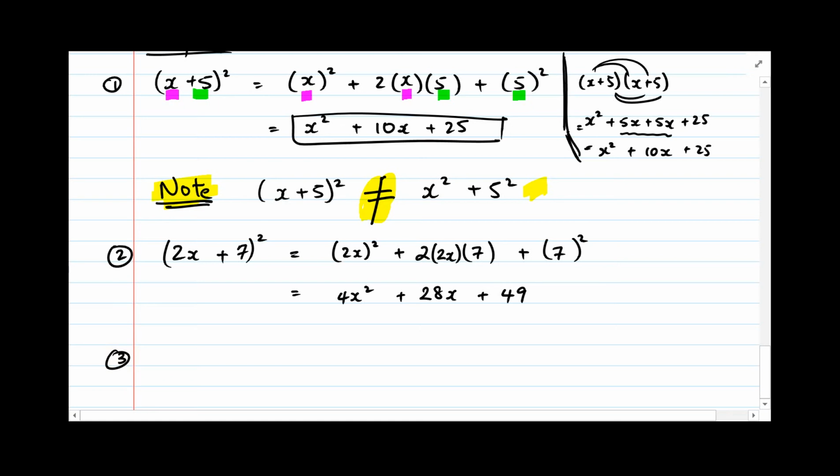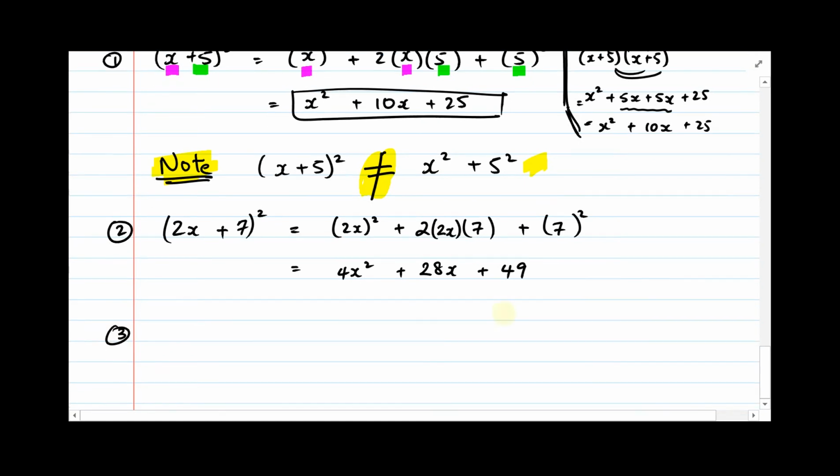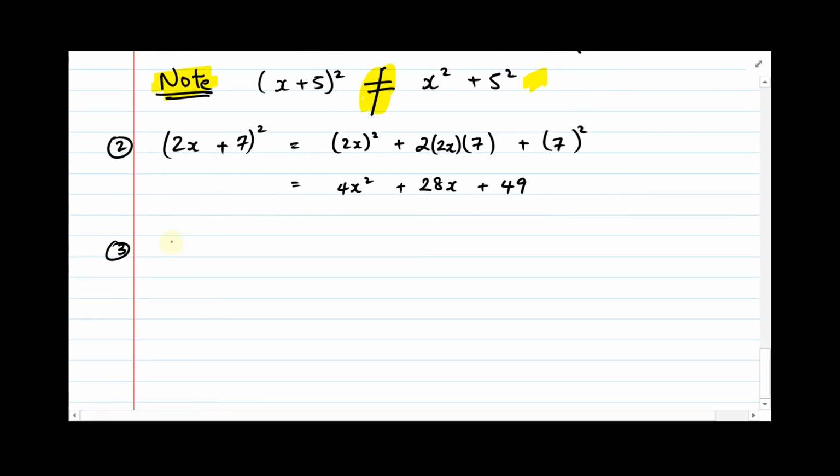Let's do one with a subtraction. Let's start out simple: x minus 4 squared. Same thing. Perfect square, first term squared, but this time a minus sign, 2 times mixed product and the sum, last term squared. Let's fill in just as before.